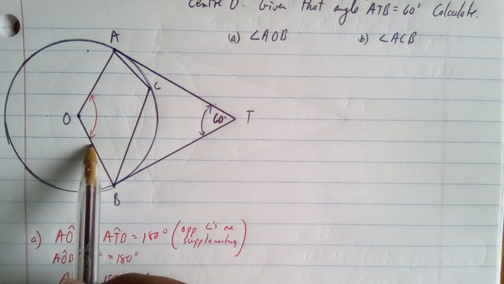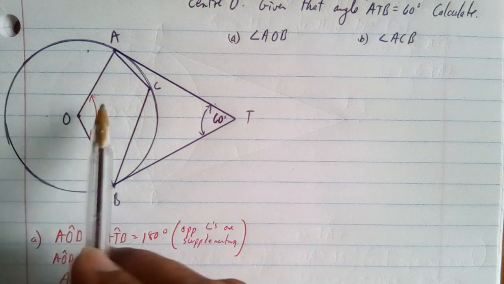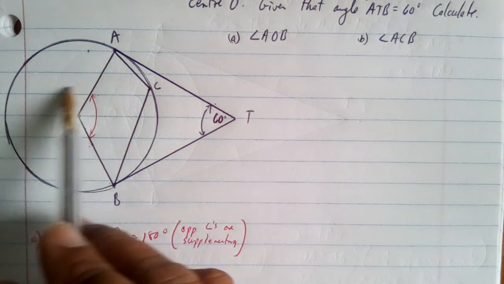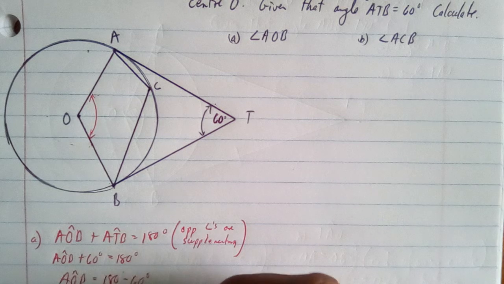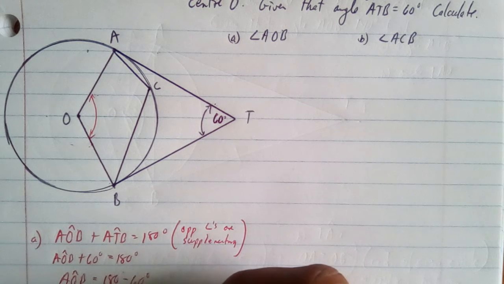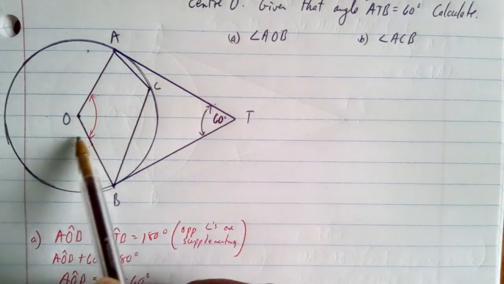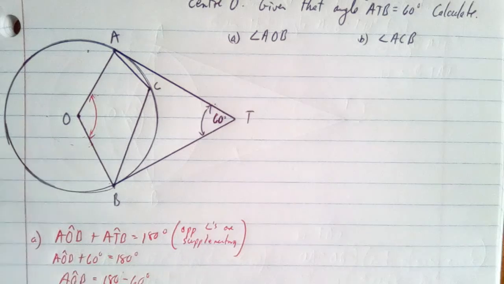The obtuse angle is more than 90 but less than 180. If it had asked you for the reflex one, then it would have been this one here.